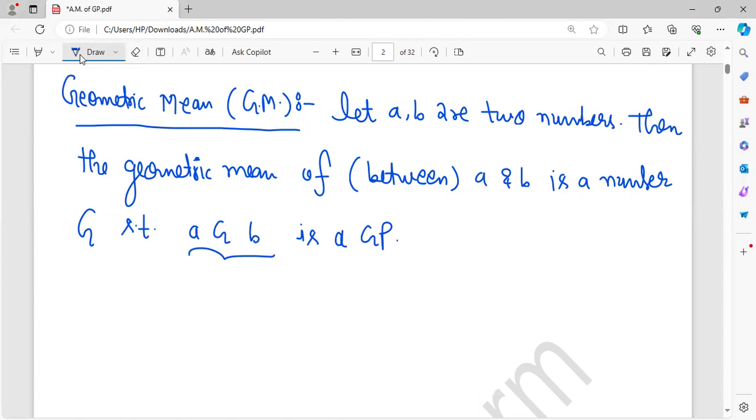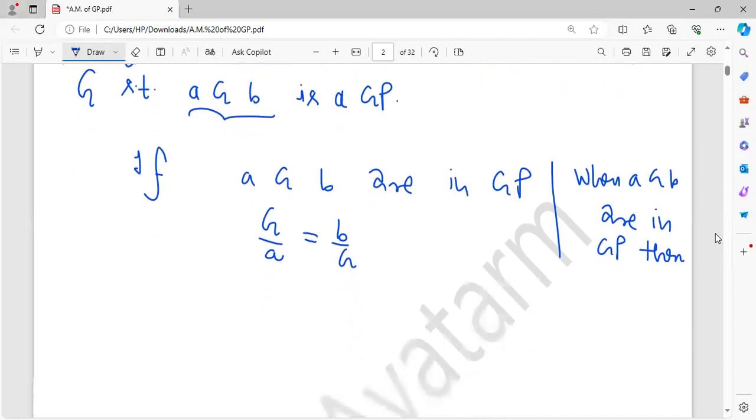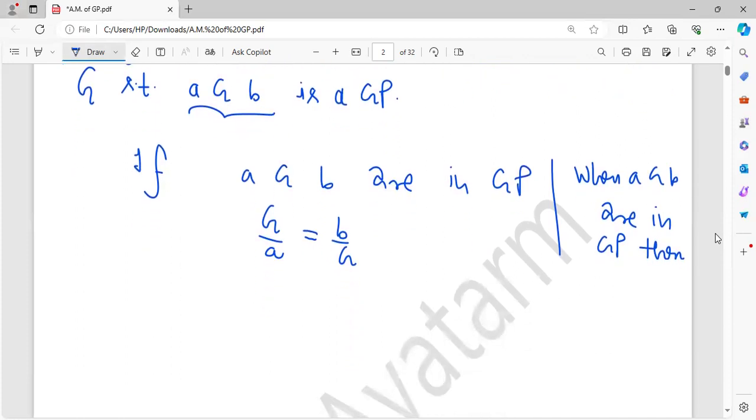Now if A, G, B are in GP, obviously this implies G upon A is equal to B upon G. When A, G, B are in GP, then these numbers have to be non-zero, because we are finding A, G and B in GP.